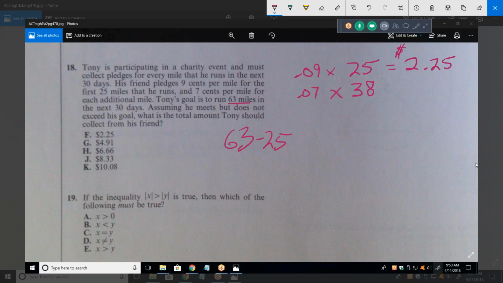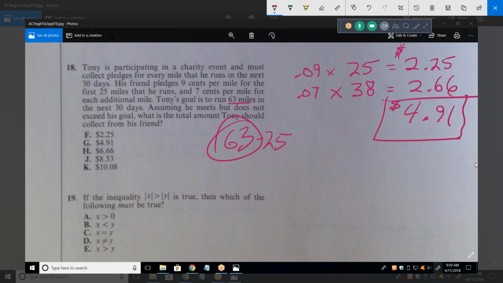What's 7 cents times 38? 2.66. So if he collects $4.91, that's exactly what he will be owed if he runs exactly 63 miles, assuming he meets but does not exceed his goal. He's going to run exactly 63 miles, not a foot longer.